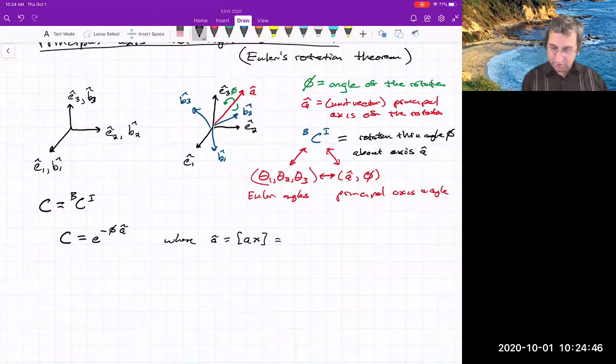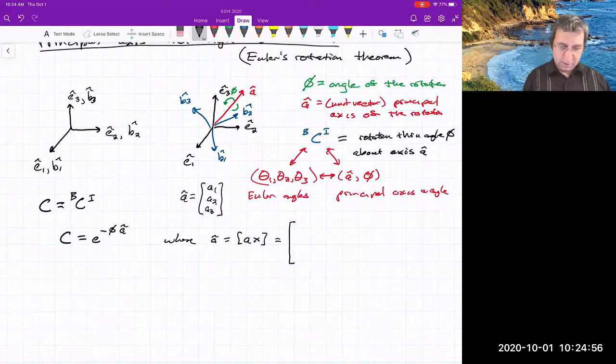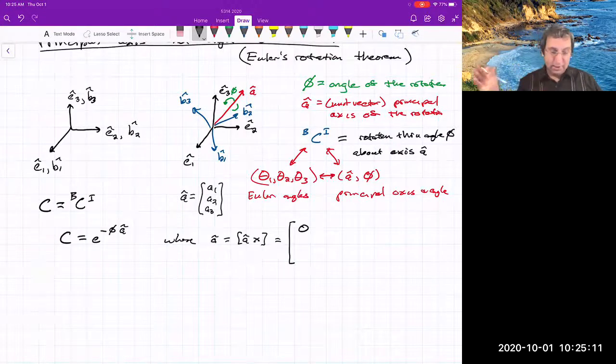The cross product matrix means we take the A as a unit vector with components A1, A2, A3, and apply the usual approach of going from A to the A cross product.